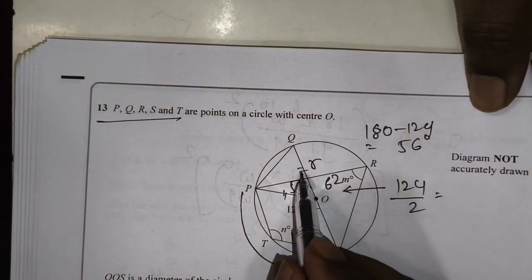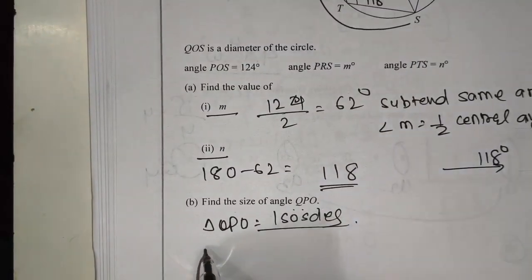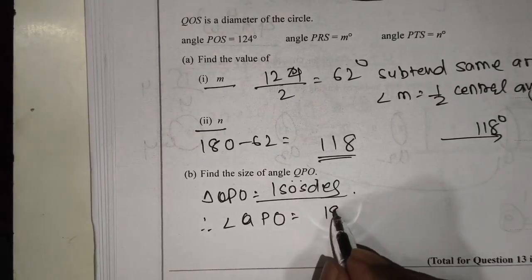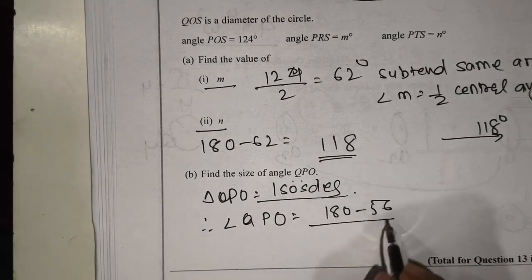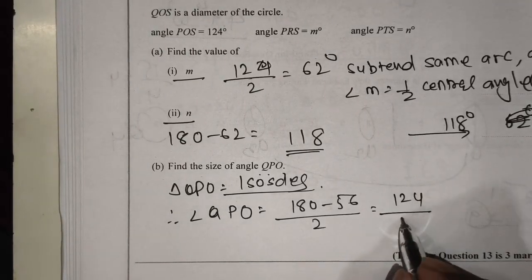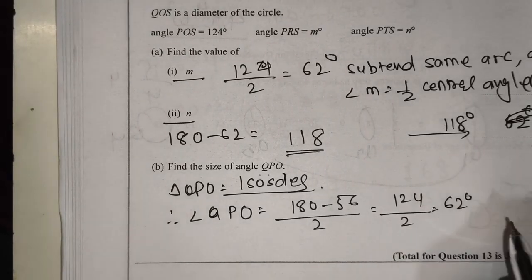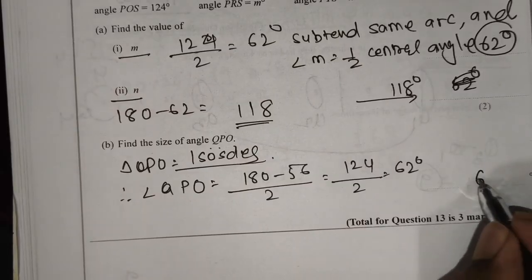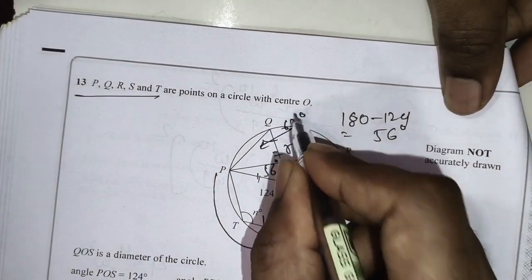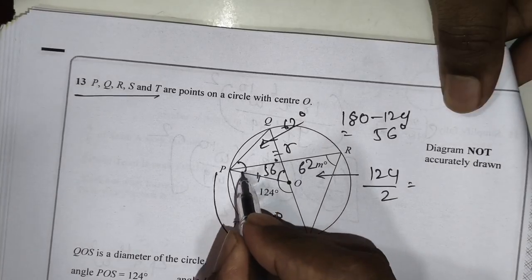Correct? Because radius 56. So hence angle QPO is going to be 180 minus 56 upon 2, which is equal to 124 upon 2, which is 62 again. So my answer is 62. So this is also 62 and this is also 62.